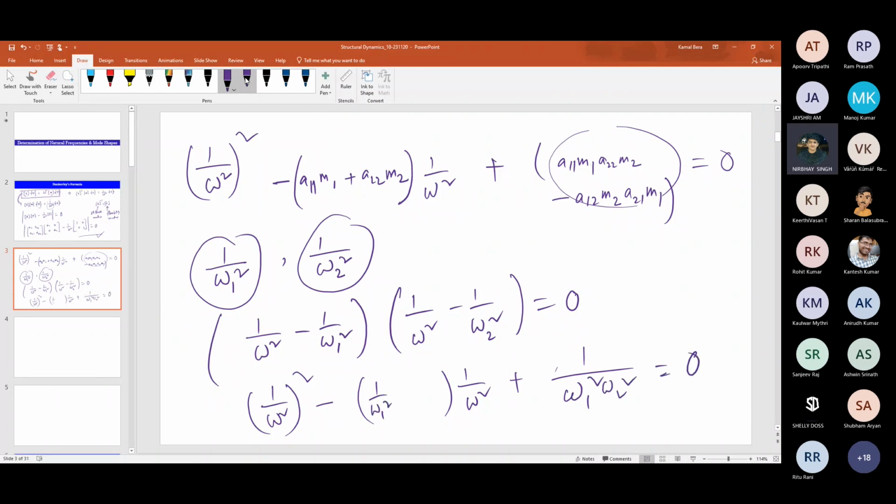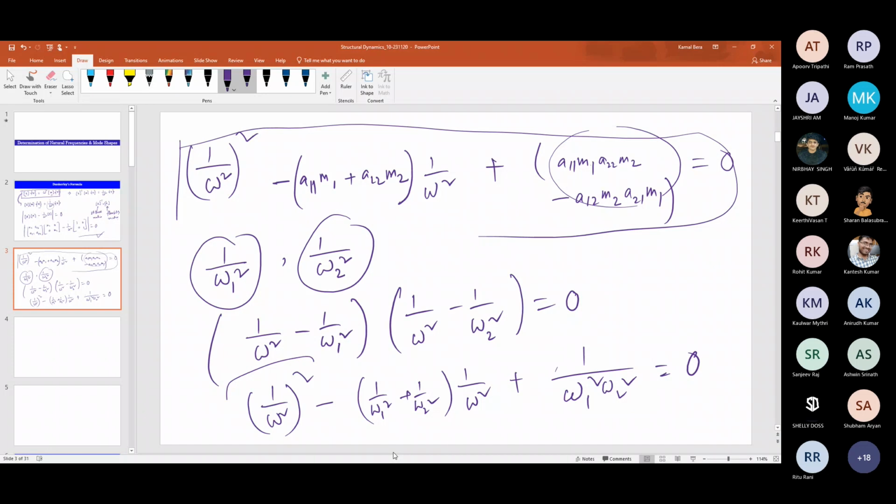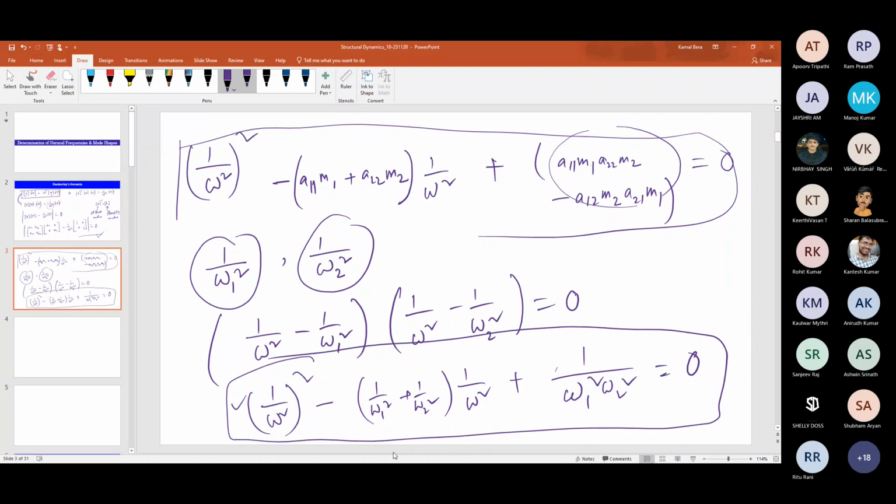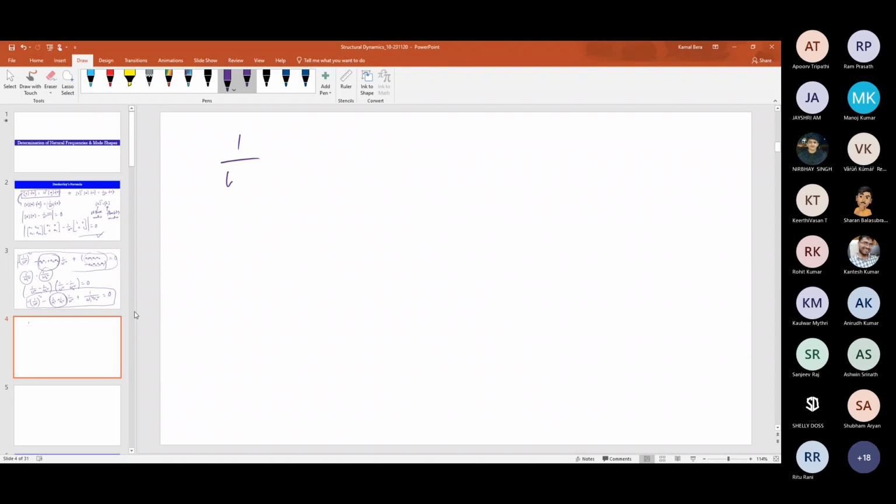Now comparing this coefficient, this one equals this. So 1 by omega 1 square plus 1 by omega 2 square equals what? A11 M1 plus A22 M2. Anybody has doubt?